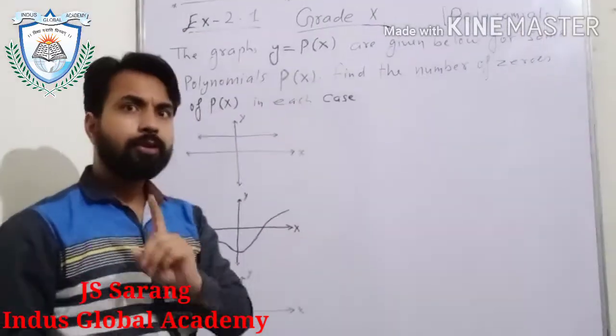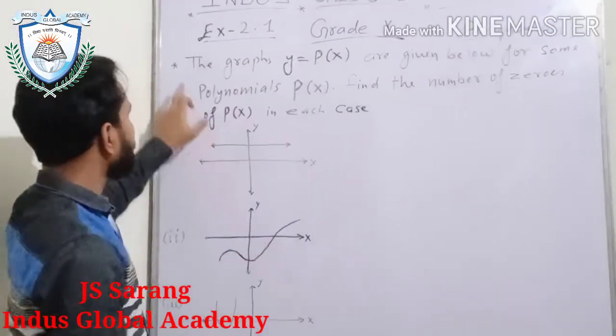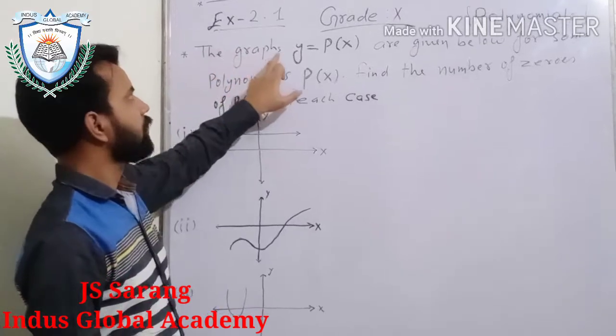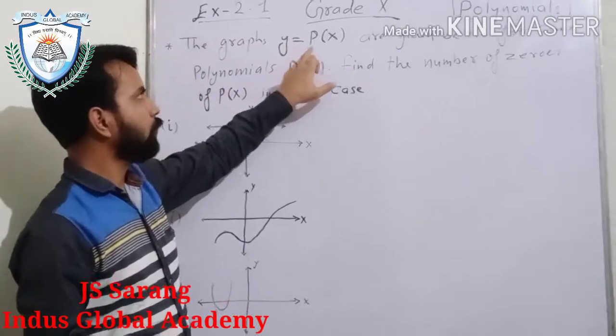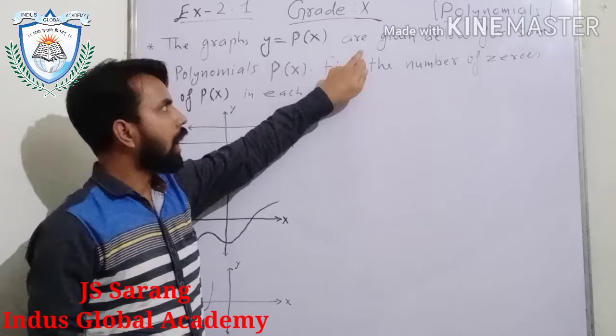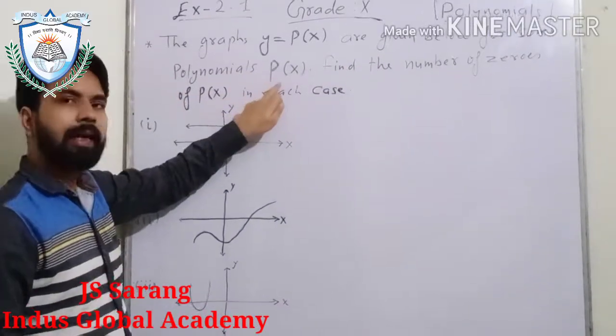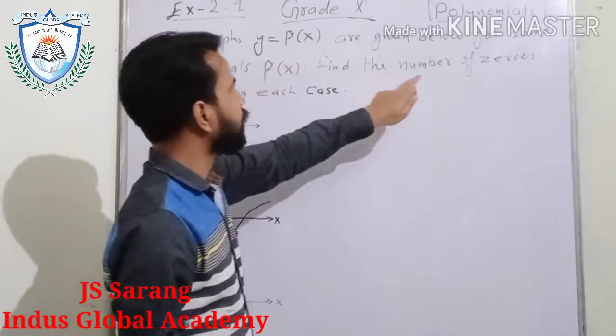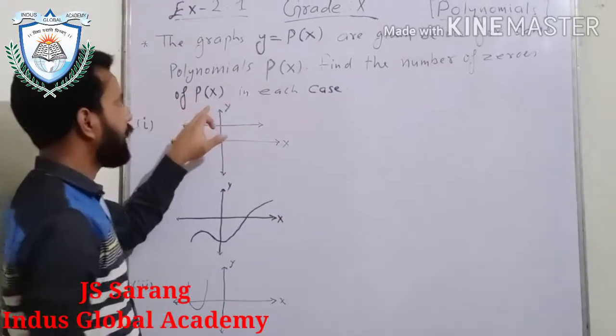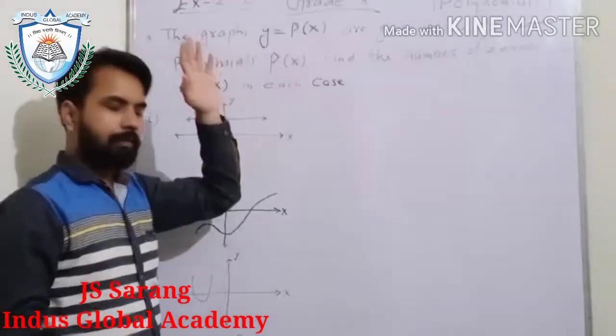Here only one question is there. The question is: the graphs y = p(x) are given below for some polynomials p(x). Find the number of zeros of p(x) in each case.